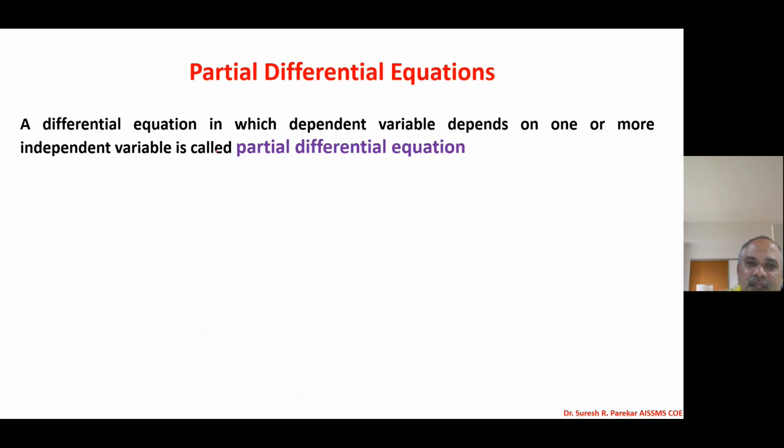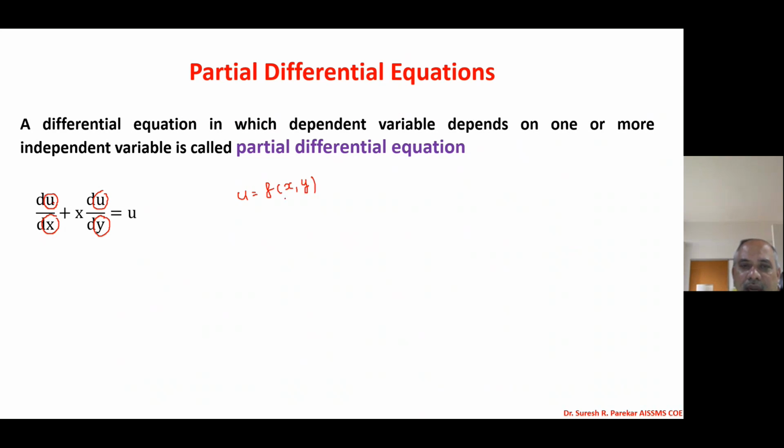Then we have the partial differential equation. You can see over here, we have the dependent variable u, but this u depends on x and also depends on y. So u is a function of x and y.